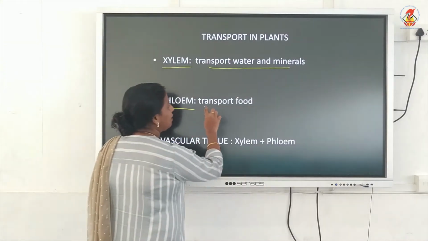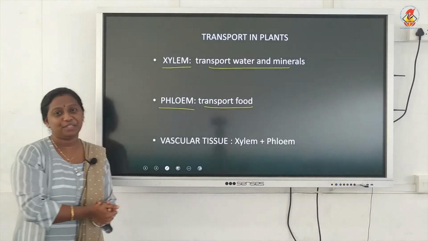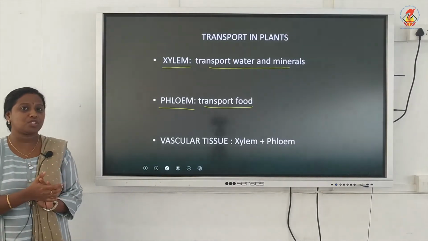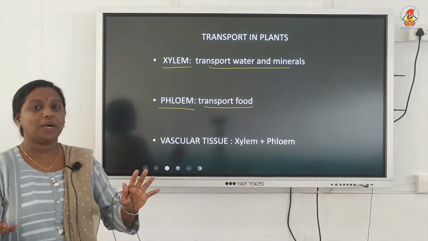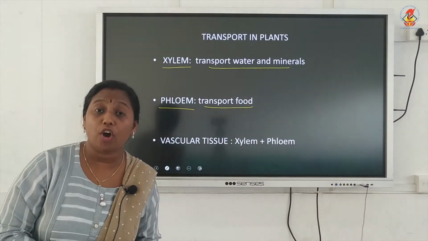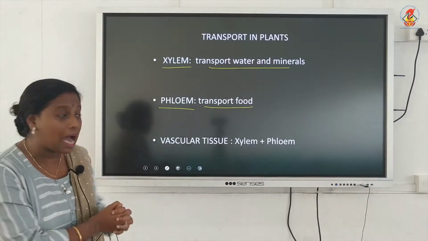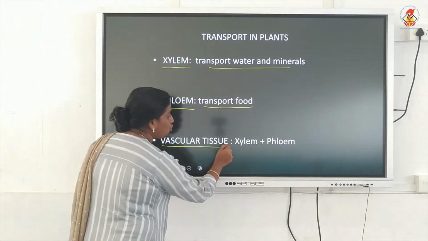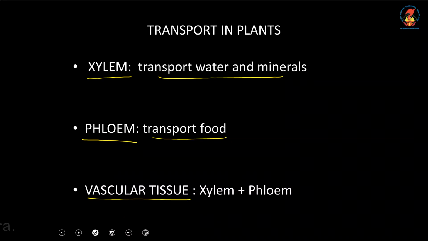Similarly, phloem helps in the transport of food. So, xylem and phloem together will take over the function of transportation in plants. The xylem and phloem together, you call them the vascular tissue or the vascular bundle. Is that clear? Okay.